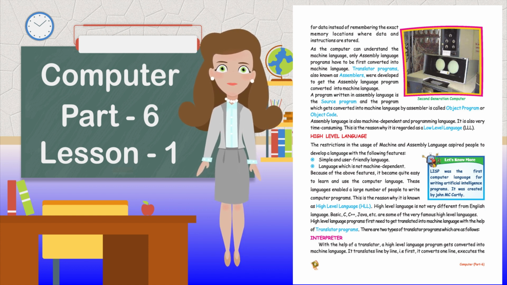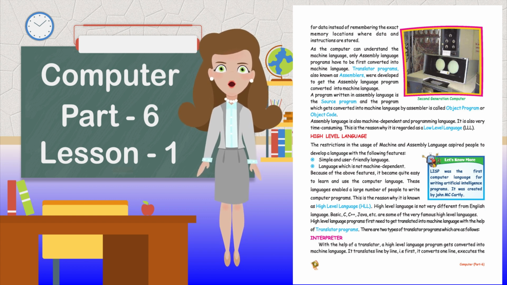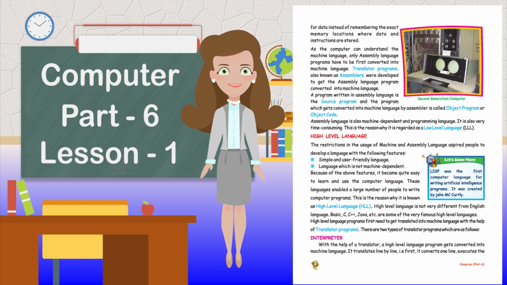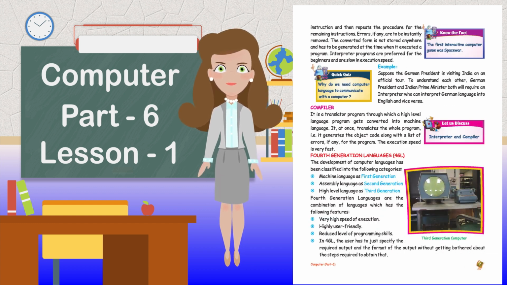There are two types of translator programs which are as follows. Interpreter. With the help of interpreter, a high-level language program gets converted into machine language. It translates line by line, that is, first it converts one line, executes the instruction and then repeats the procedure for the remaining instructions.